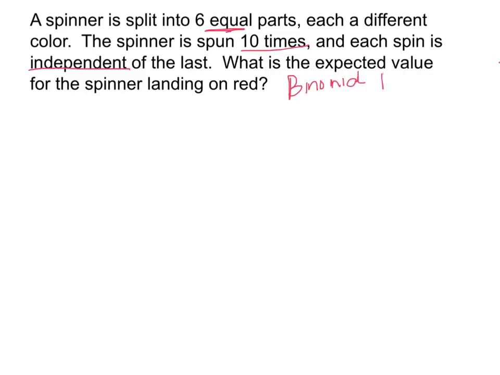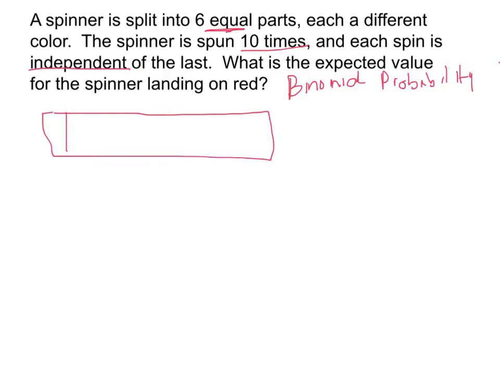Now, the reason that we want to take note of that is because when you go to find expected value on a typical probability problem, you would have to create an entire chart, right, where you have your x and you have your P of x.